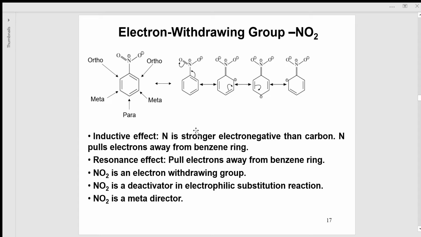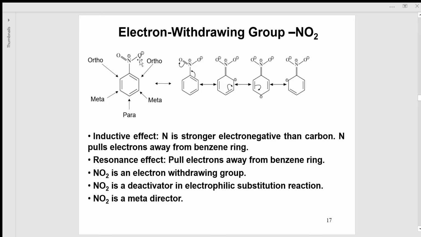Let's take a look at the resonance structures again: 1, 2, 3. You see, not every carbon in this benzene ring bears a positive charge. Only three of them do. We know an electrophilic substitution reaction involves an electrophile, something bearing a positive charge, reacting with the electrons of the benzene ring.